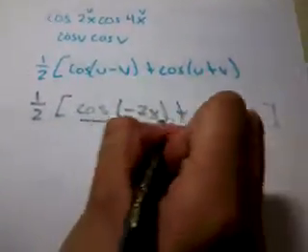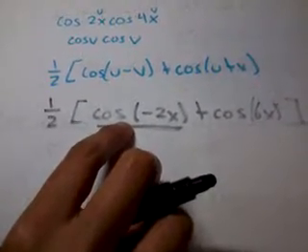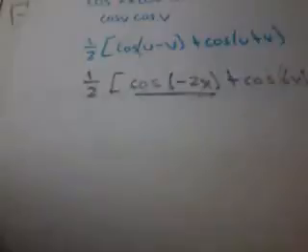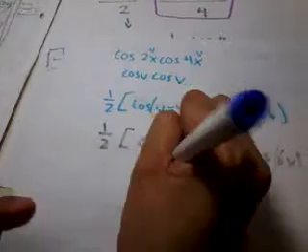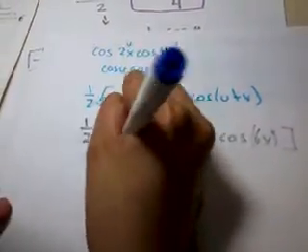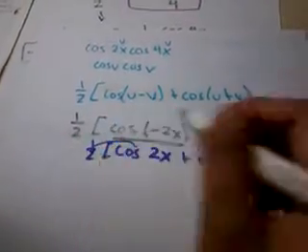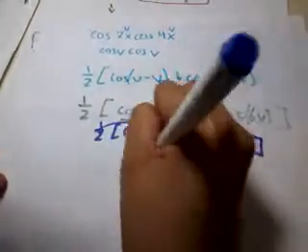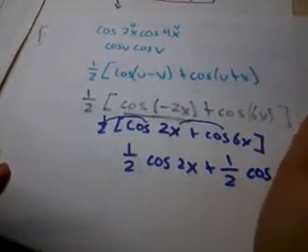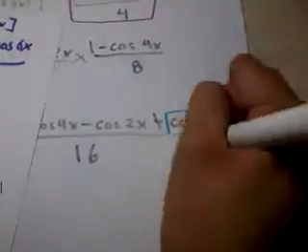Now we can use the even-odd identity, which says that the cosine of negative u is just the cosine of u. So this is just technically the cosine of 2x plus the cosine of 6x. We're going to multiply it out, and we have 1/2 cosine of 2x plus 1/2 cosine of 6x.